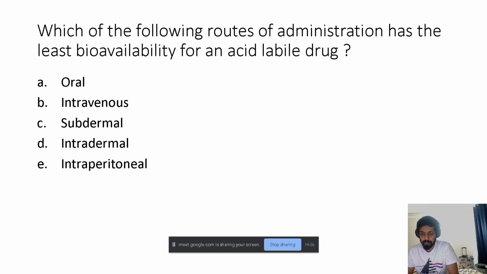Option A, oral, right? If you give the drug orally, it will go into your stomach where there's acid, so the pH is quite acidic. So the drug will degrade and will not have very high bioavailability.